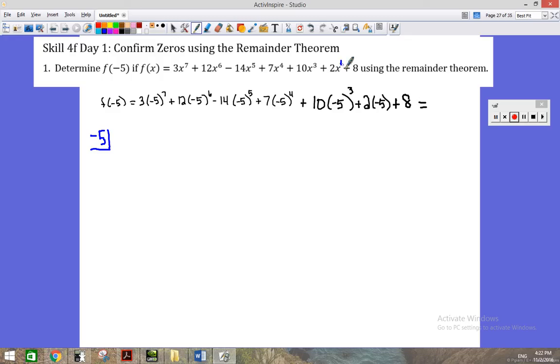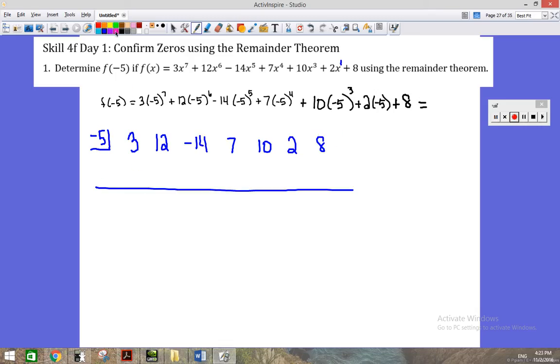And if I have any missing exponents, I would use a 0 as a placeholder for that term. But I have an x to the 7th. I'm just using the coefficients 3, 12, -14, 7, 10, 2, 8.